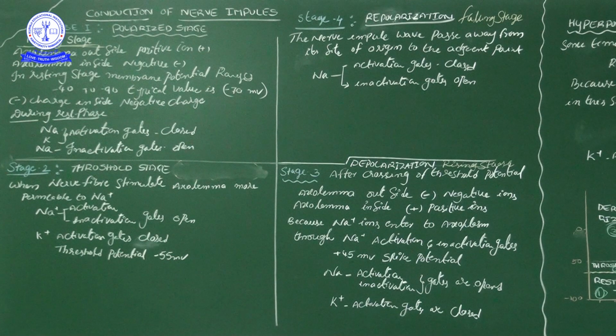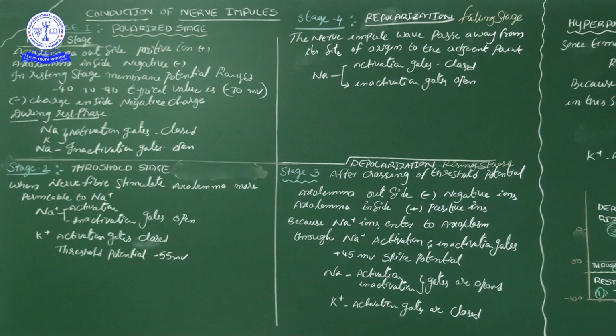See, outside the axolemma positive charges are there, and inside the axolemma negative charges are there. Please recall the previous video's conclusion, where I drew one diagram. On the diagram, if you take one line as the axolemma, the outer side has positive charge and the inner side has negative charge. More negative charge is present inside.